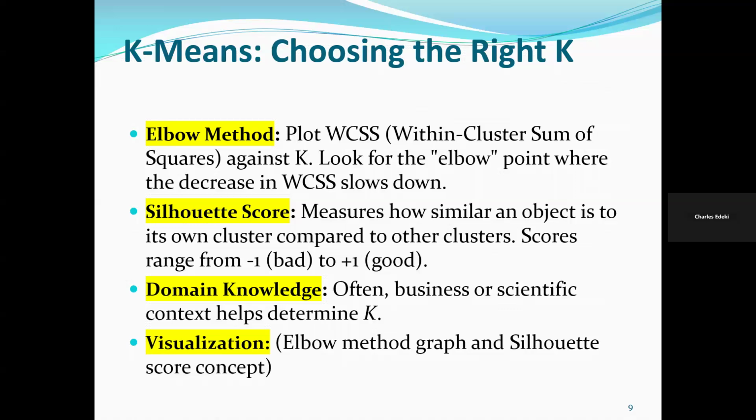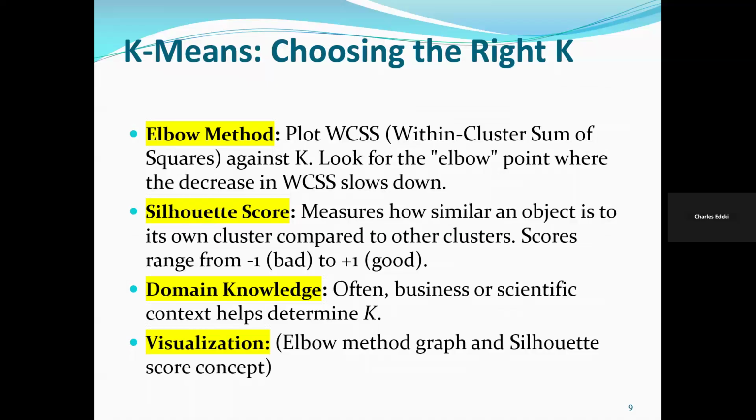Then we also have domain knowledge, which is often the most practical approach. Business understanding can guide us to a choice of a good K. If I'm doing, let's say, gene expression clustering and I know my field very well, having done this for many years, it's easier to determine.